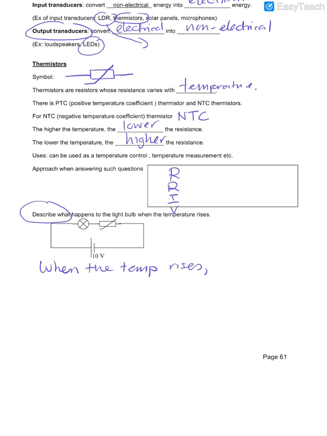Here's my format, RRIV. First R, resistance. Talk about the resistance of the component. In this case, my component is my thermistor. So my first R, resistance of thermistor. Okay, everybody, what happens?